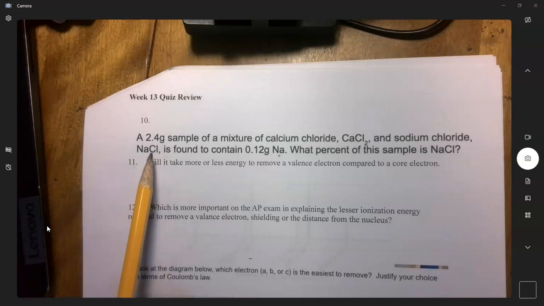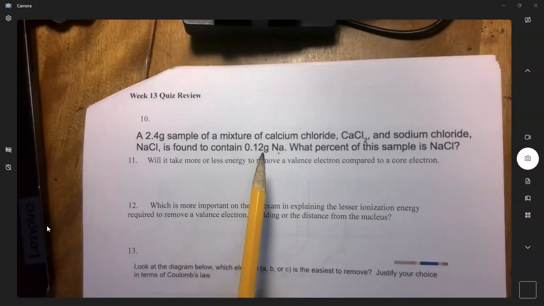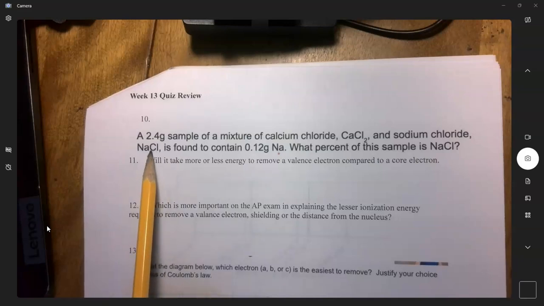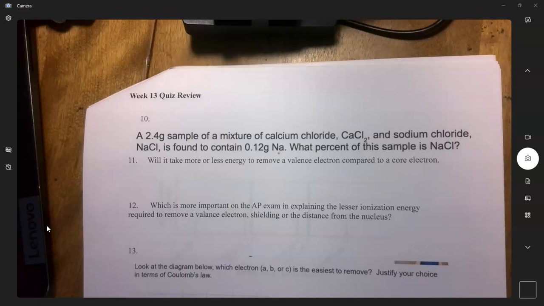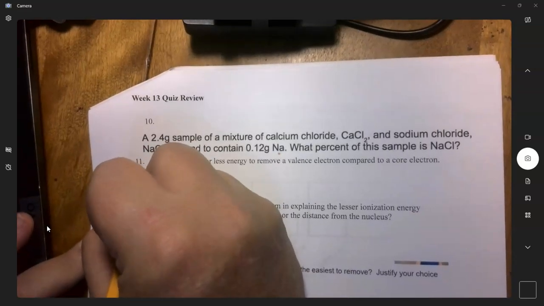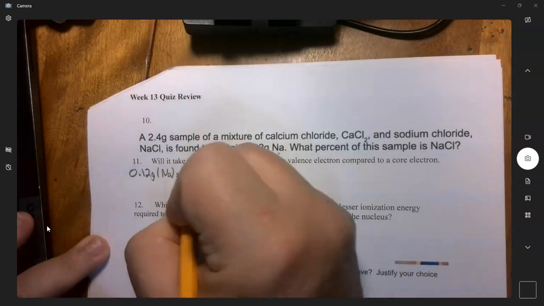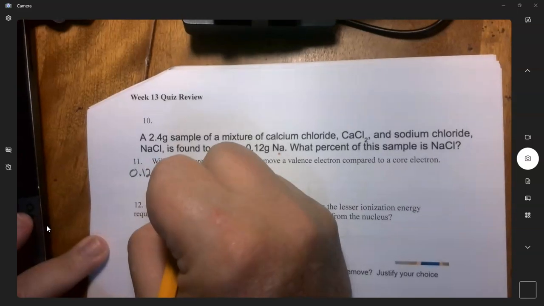So you know you have 1 mole of Na for every 1 mole of Cl. So let's figure out how many moles of Na we have, and we'll know that we have the same number of moles of Cl because it's a 1 and a 1 on the subscripts here, okay? So I'm going to come down here, 0.12 grams of Na. I'll go ahead and write my formal stoichiometry this time, not shortcut.